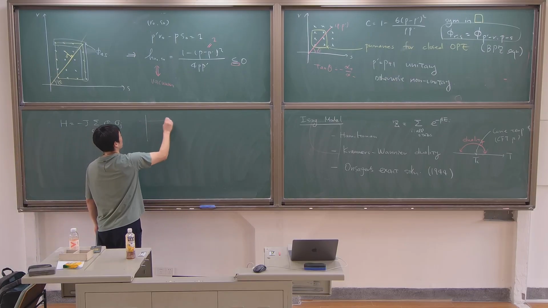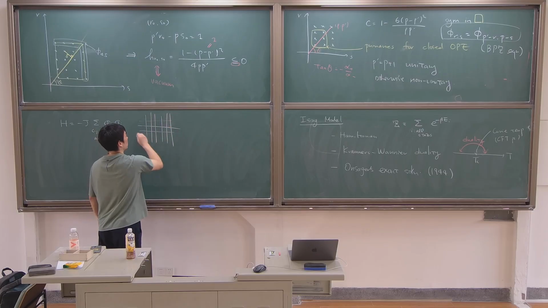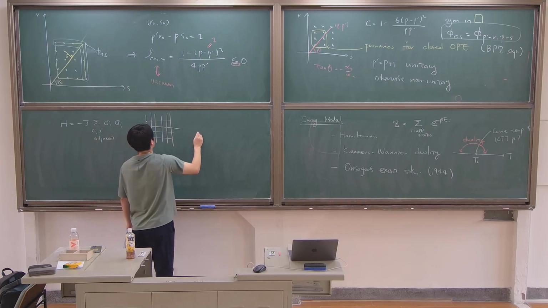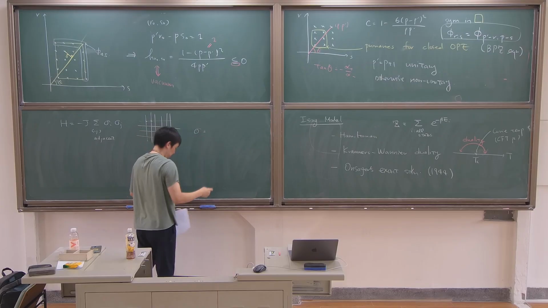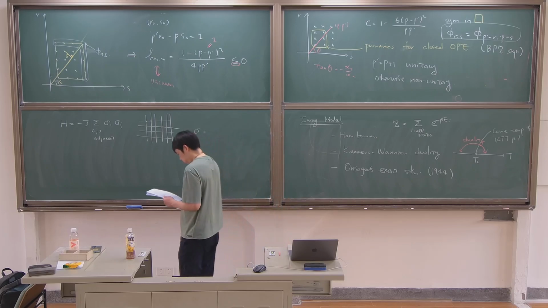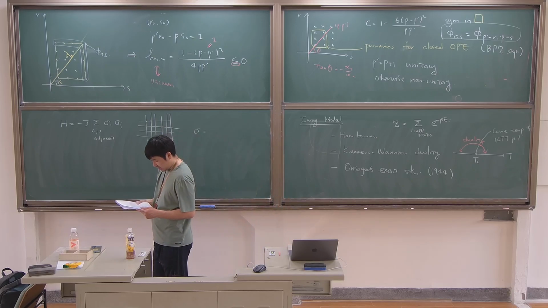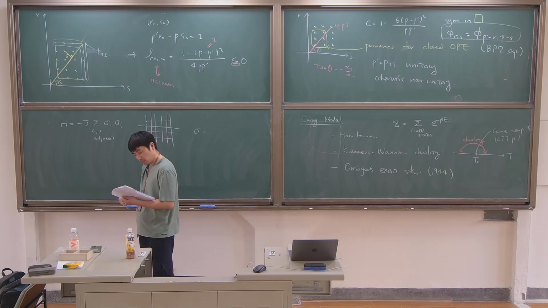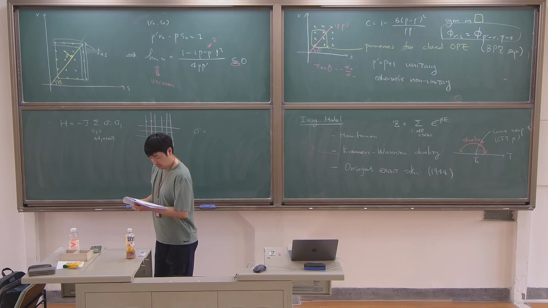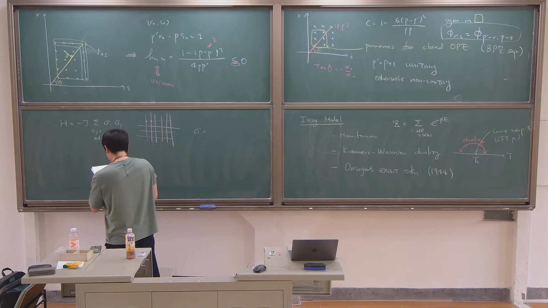So you just consider a lattice, and at each point you have spin up or spin down. Sigma can be understood as the Pauli matrix sigma z, as far as I recall, or spin up and spin down, I think.